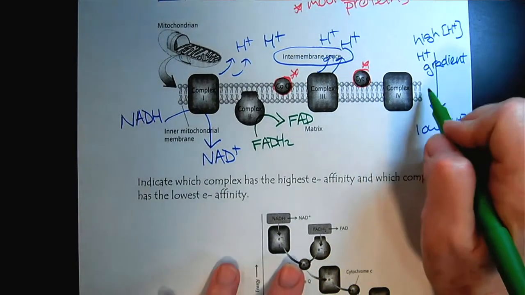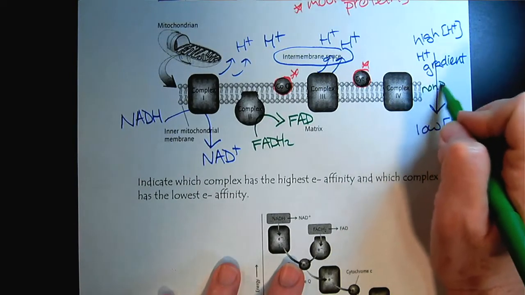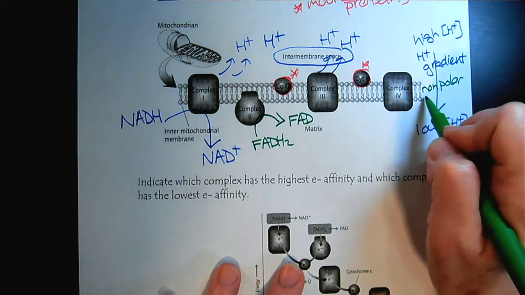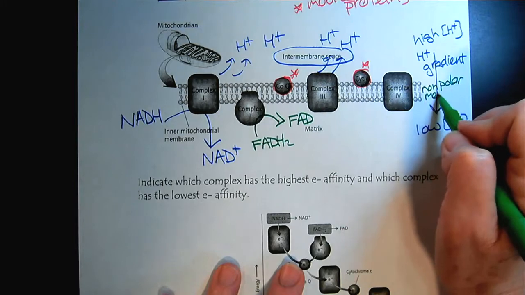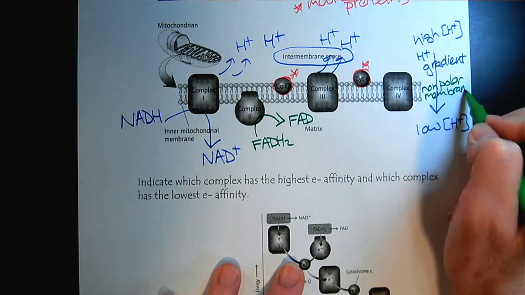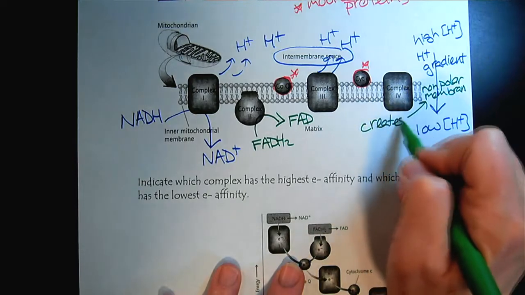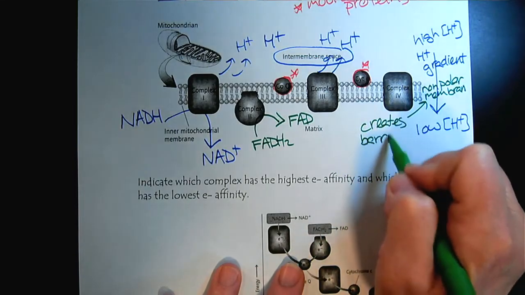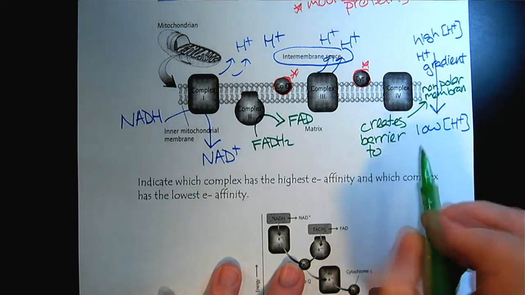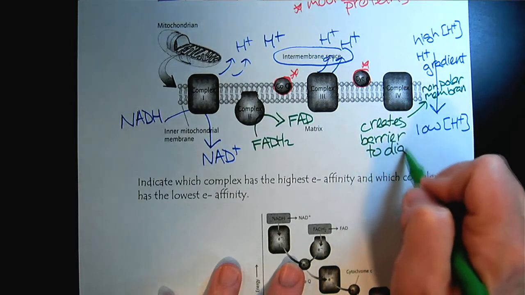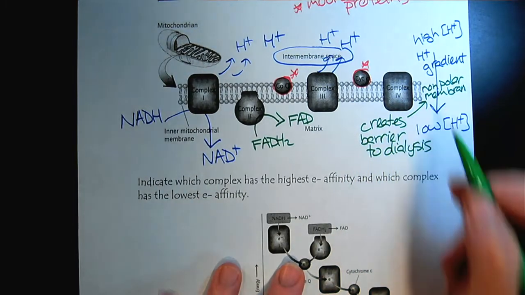But we have this non-polar membrane that creates the barrier. Right, so this creates the barrier to diffusion of the ions, right?